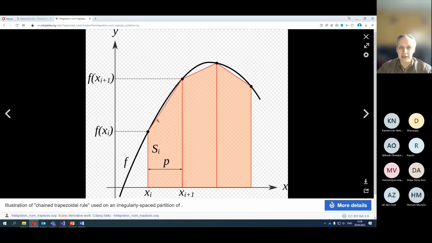We can find it as a sum of the integrals between this point and this, this and this, and so on. The area under the curve will be approximated as a sum of the areas of these small trapezoids.